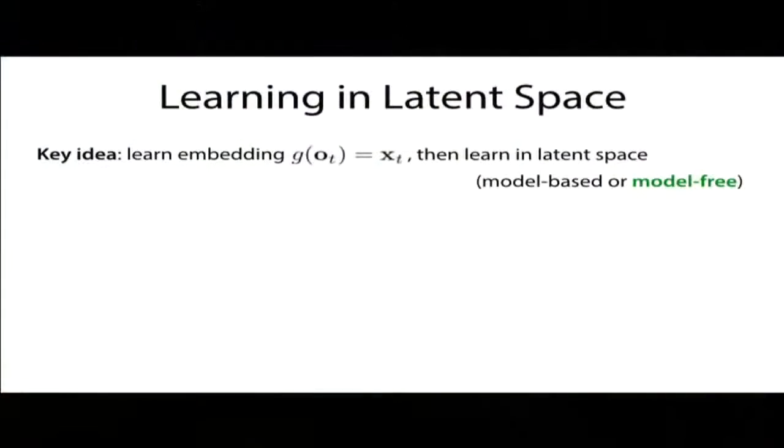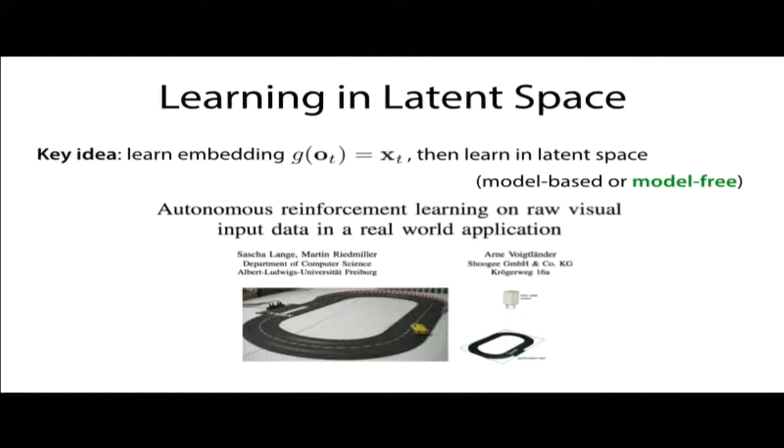So the first method that I'll cover is a model-free method that does this. And this is the paper. In this paper, they're concerned with the problem of driving a slot car around a track. The car is on the track, and there's a slot on the track.